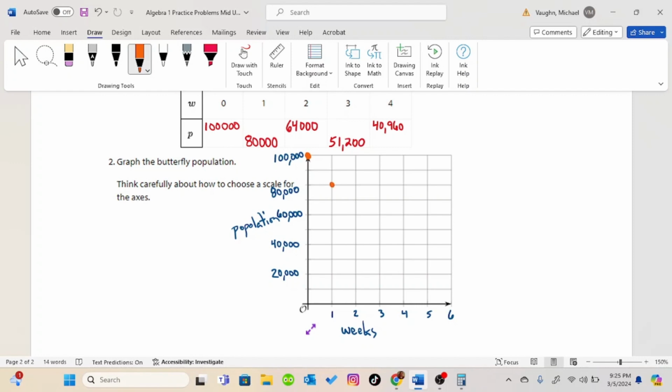Then I have a point at 2, 64,000. Then a point at 3, 51,200. And a point at 4, 40,960.